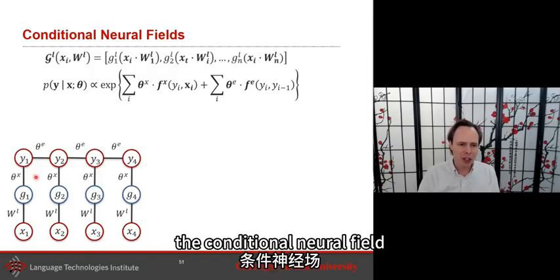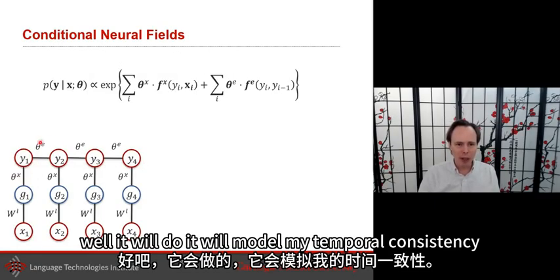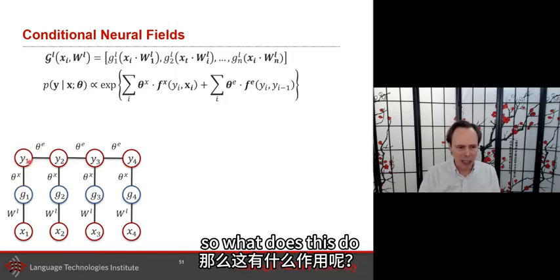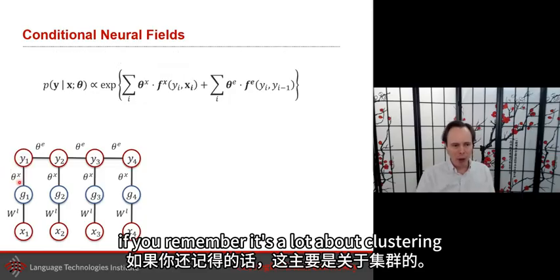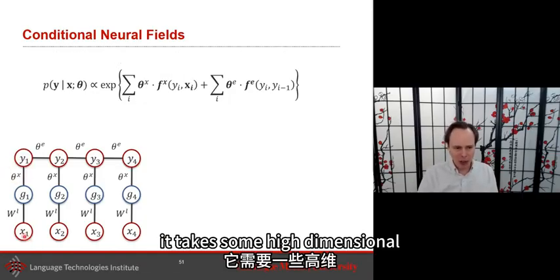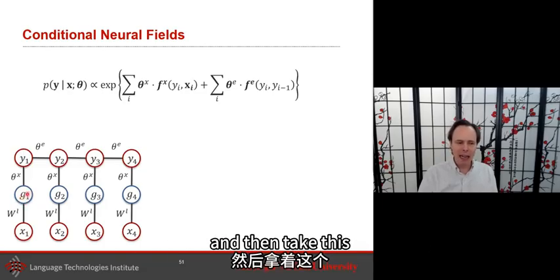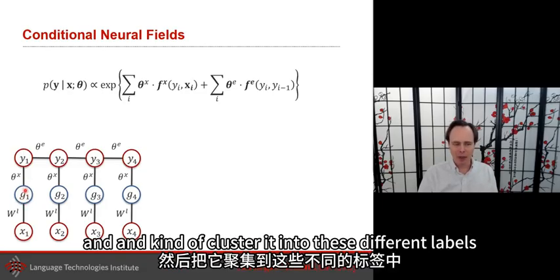And so the conditional neural field will model my temporal consistency, and it will also model my grouping. So what does this do? If you remember, it's a lot about clustering. It takes some high dimensional input, embeds it into some lower dimensional space, and then clusters it into these different labels.